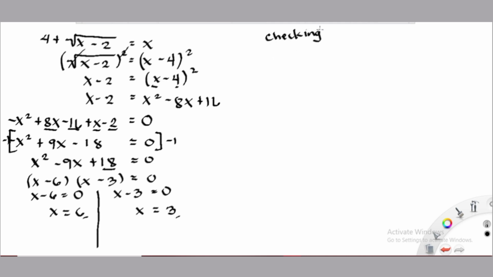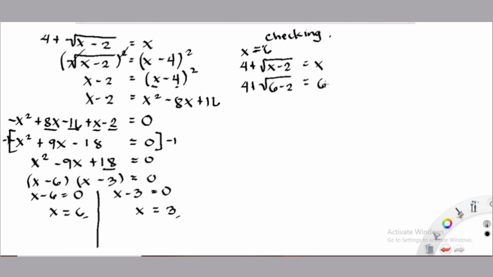Alright, let us check 6 and 3 if they really are solutions to our equation. Let's start with x equals 6. Again, the equation is 4 plus the square root of x minus 2 equals x. Let us write 6 instead of x. So we will have 4 plus the square root of 6 minus 2.